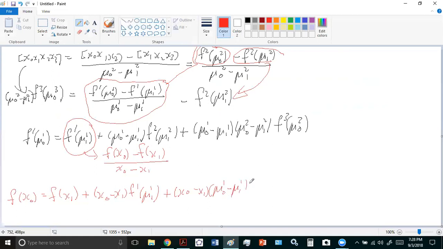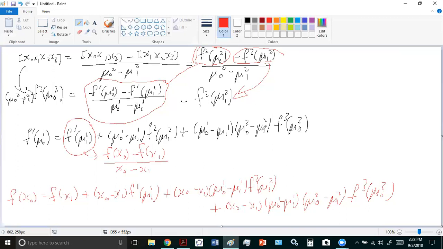All right, I'm trying to write as fast as I can. 2 like so. And then finally, this last term, which is that. Okay, to 0 minus m to 1, f of 3, like so.